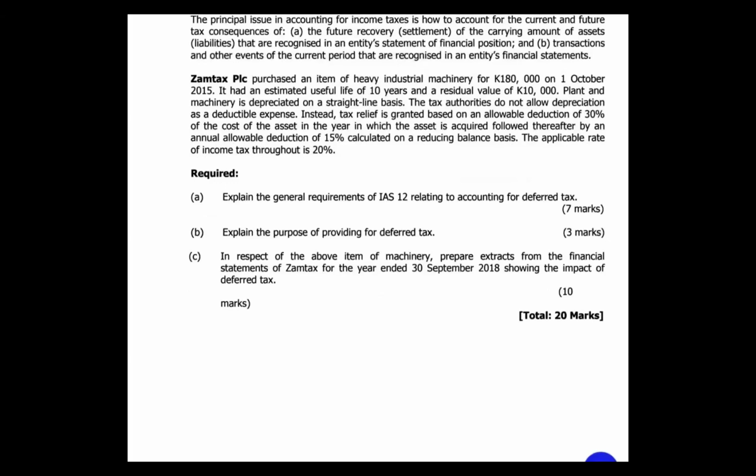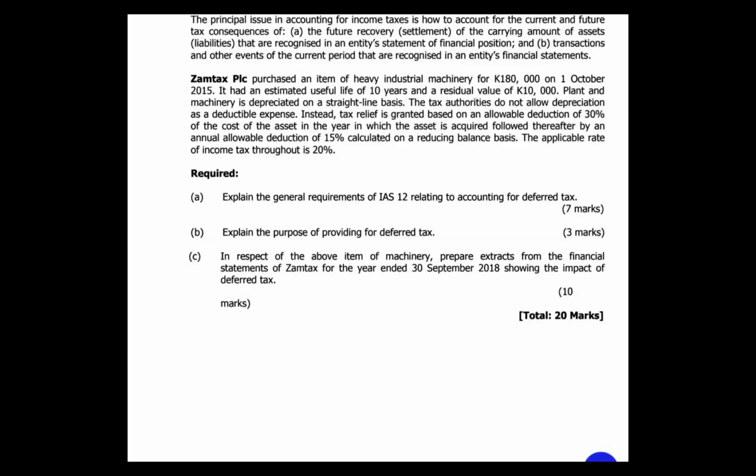What is required? What are we required to do? The requirement is, first, that we explain the general requirements of International Accounting Standard number 12 relating to accounting for deferred tax. Number 2, we are asked to explain the purpose of providing for deferred tax, that is, why do we provide for deferred tax?